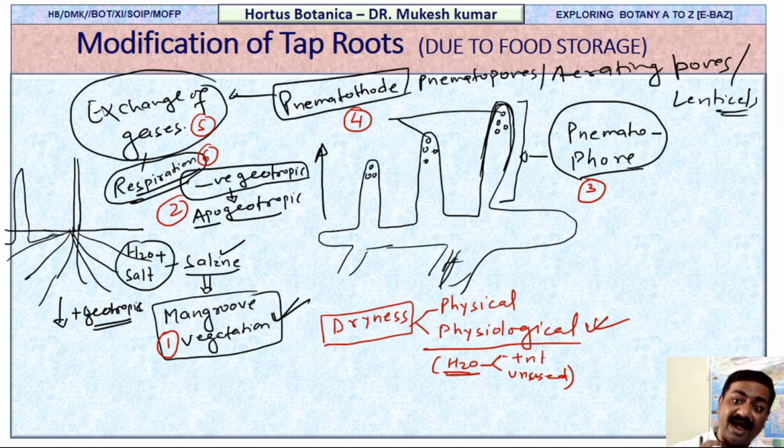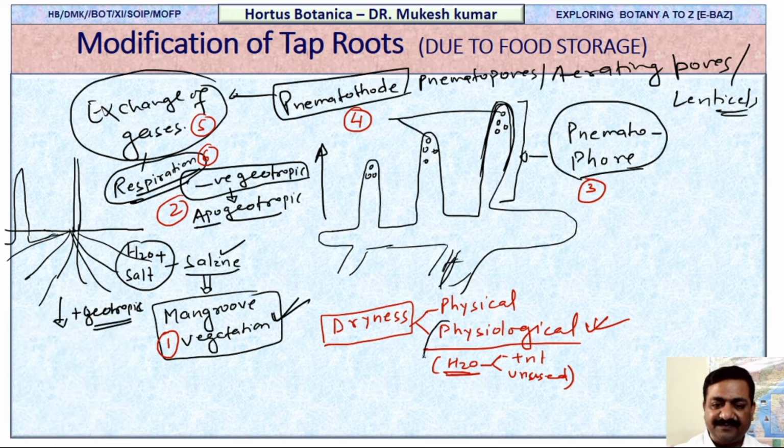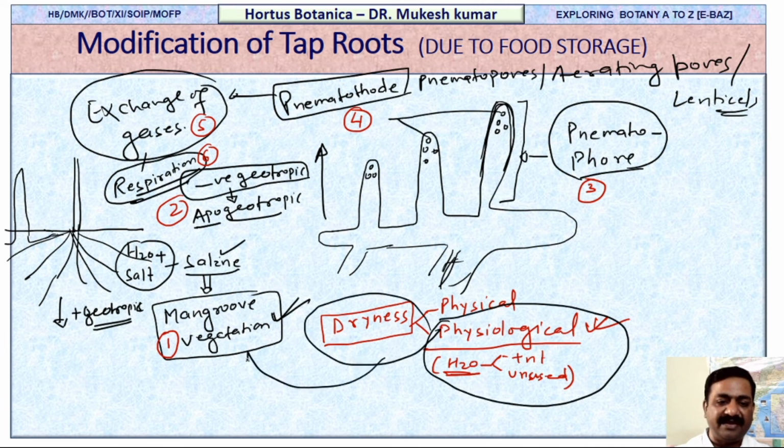Due to more light, that's why it is called what? Physiological darkness. Similarly, water is present, but plants cannot take the water. It's called what? Physiological dryness. A question may come that this physiological dryness has been reported where? In mangrove vegetation. So these are the important concerns related to the nematophorous root.